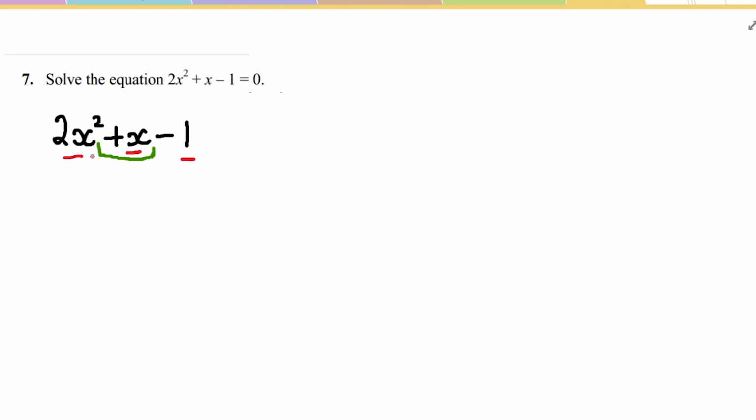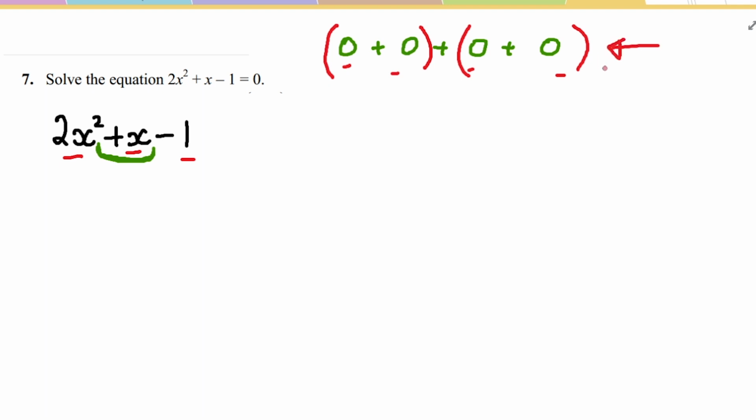By splitting this middle term into 2, so that it becomes something plus something plus something plus something, when they become 4 terms like that, we can group them into 2 brackets, factorize them, and find the answer. That is the intention.